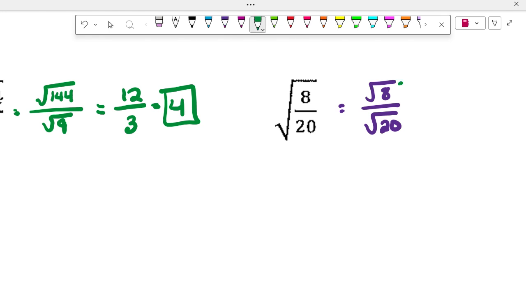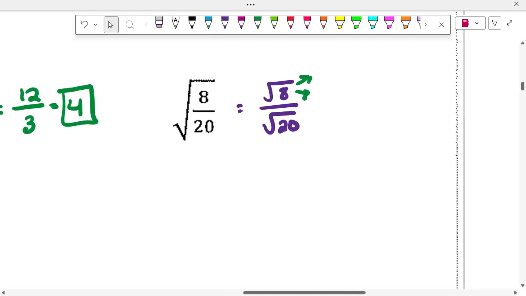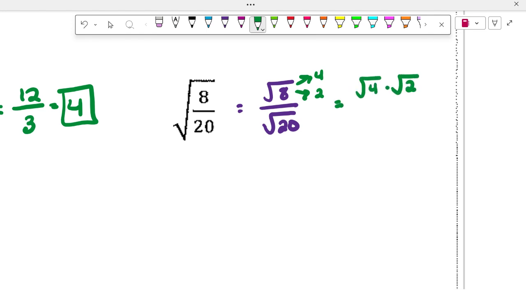I would simplify these radicals first. How do I simplify square root of 8? 4 and 2. So this is equal to square root of 4 times the square root of 2. I'm not going to simplify it any further yet. You'll see why. Over. What about 20? 4 and 5. So I have square root of 4 times the square root of 5. So before I even move forward, do I even need to bother simplifying square root 4? No. What happens? They cancel.